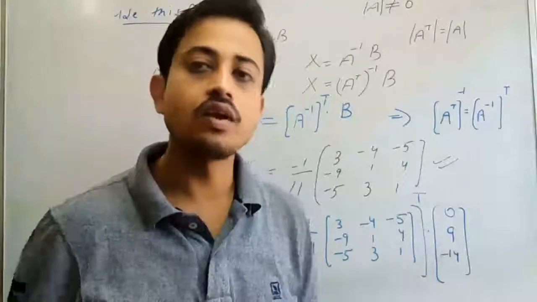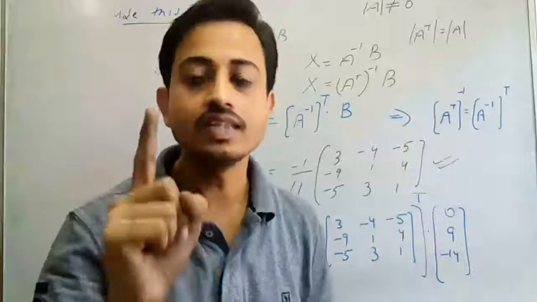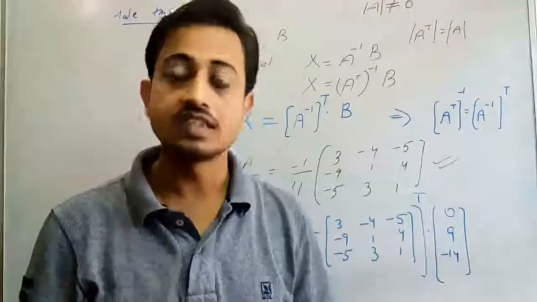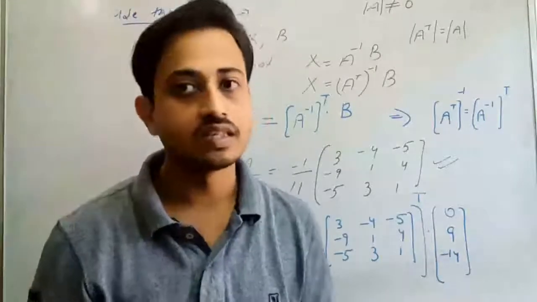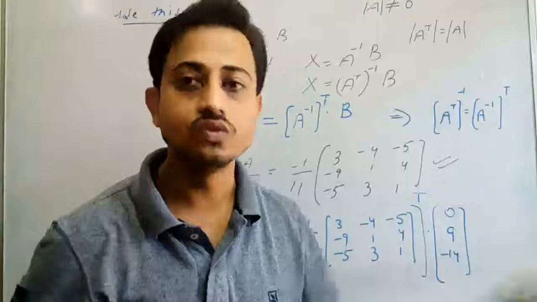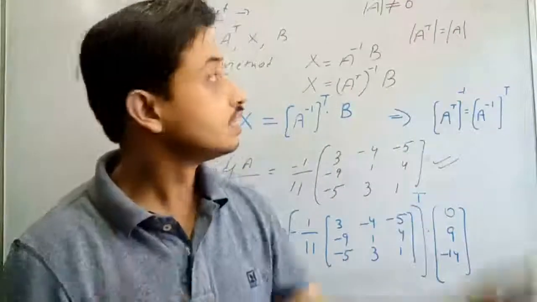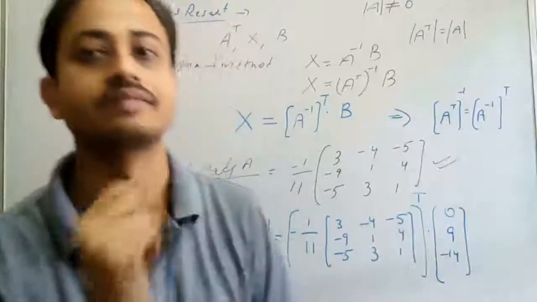If we interchange rows and columns, the determinant never changes. So if matrix A has a determinant not equal to 0, then definitely its transpose's determinant is also not equal to 0. We apply this concept in this question. Please mark these two properties here.